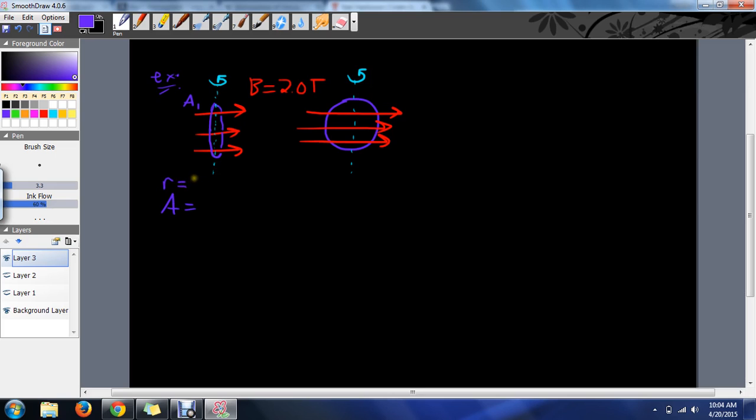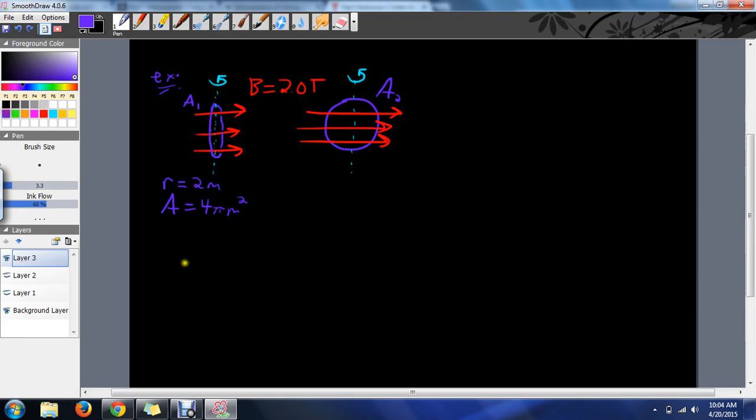Let's say the radius is 2 meters, so the area is 4 pi square meters. Okay, pi r squared. So here, the area A2 is going to be the same, except that the field is no longer perpendicular. Cool.